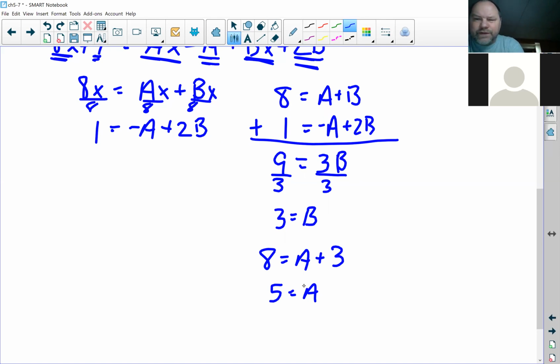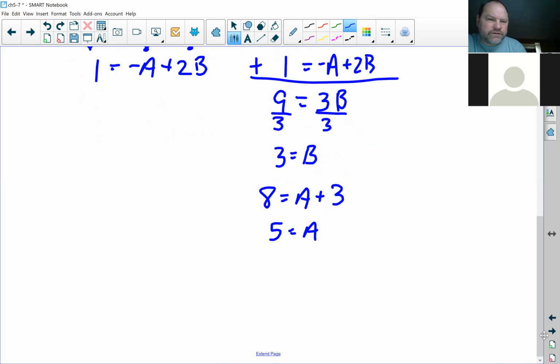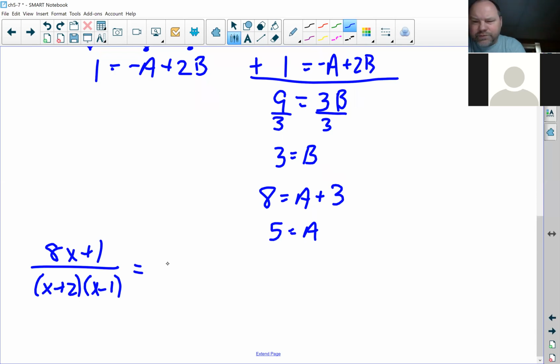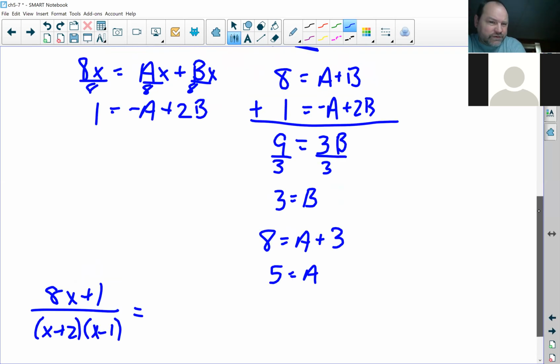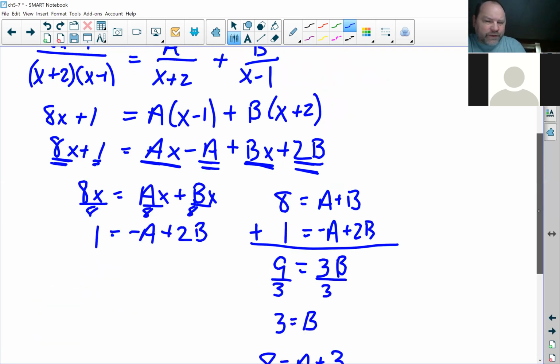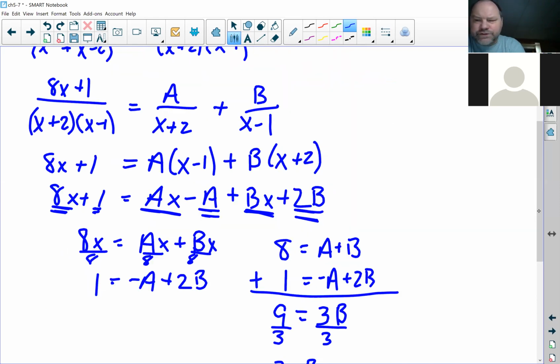All right, so what that means is 8x plus 1 over (x plus 2)(x minus 1) equals, now I want to make sure I get the numerators right, a is going to be over x plus 2.